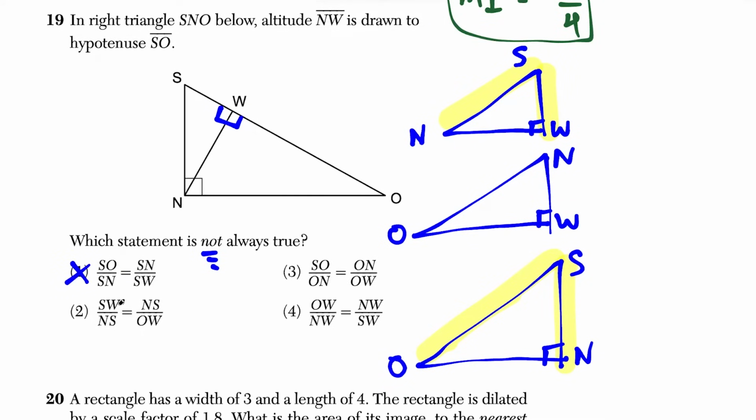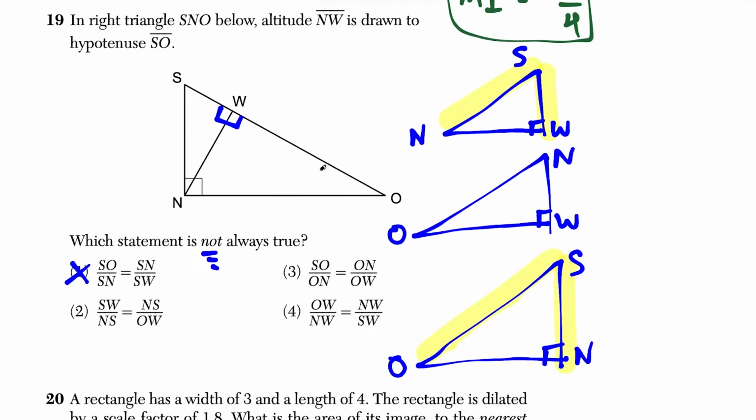Next, we have SW over NS. So I see here now SW over NS is comparing the sides in this small triangle. So we have the vertical side that I have drawn here over the hypotenuse, and we want to ask ourselves, is that always equal to NS over OW? Well, if we look here, NS is part of the big triangle, and OW is part of the medium triangle.